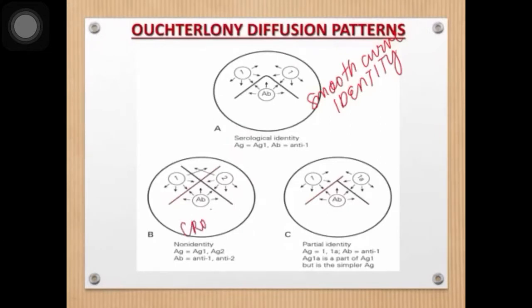Ibig sabihin, the antibody is precipitating different antigen. Spur formation, ano pong indication ng spur formation? Now, this indicates partial identity. Ano pong ibig sabihin nito? The antibody is precipitating different antigen but with a common determinant.